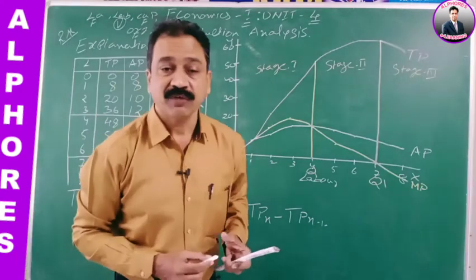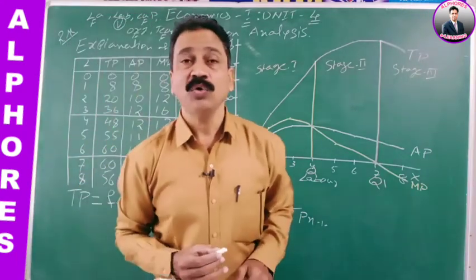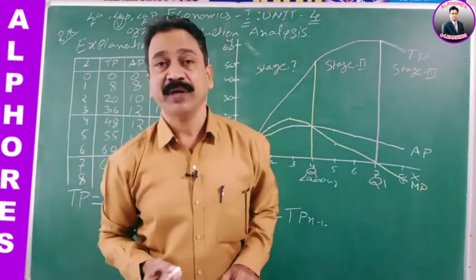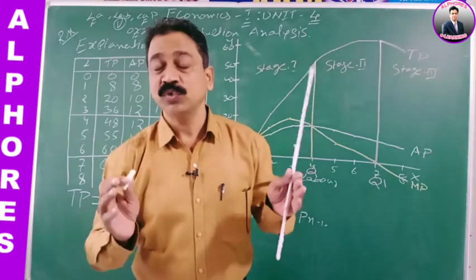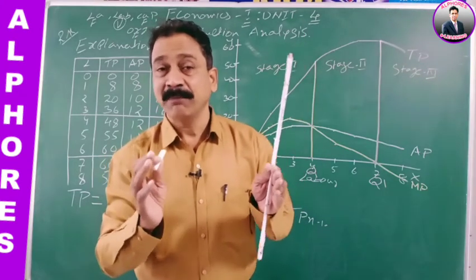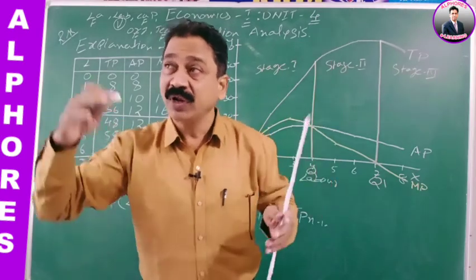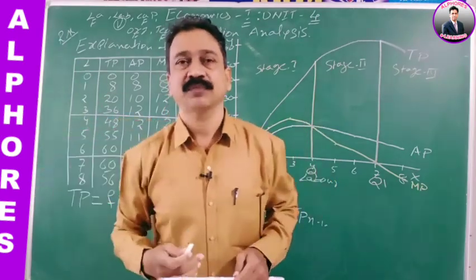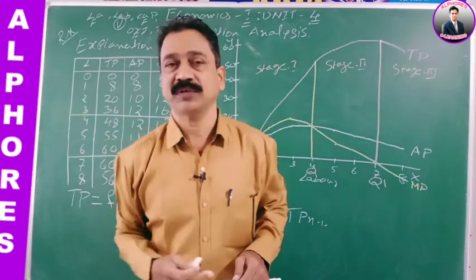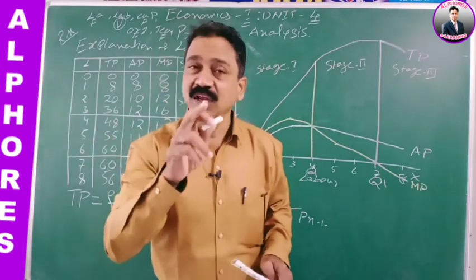So today we are going to discuss how, in short period, an organizer using all his skills by changing some factors and keeping others fixed, how he will increase the production. That is the skill of organizer.